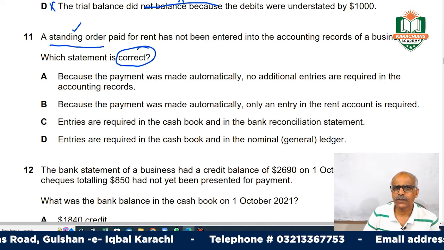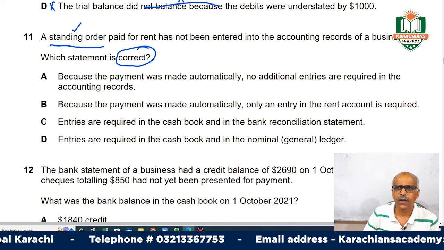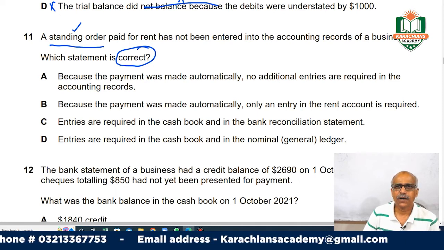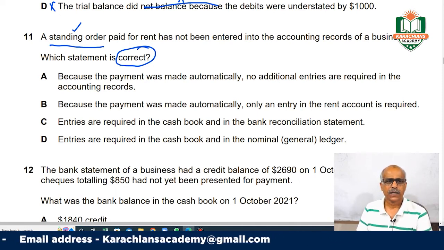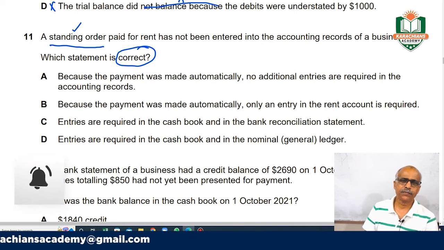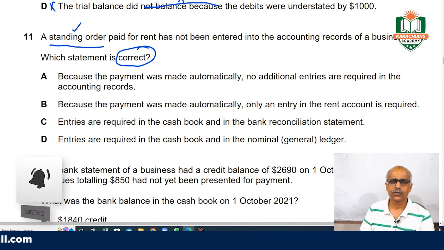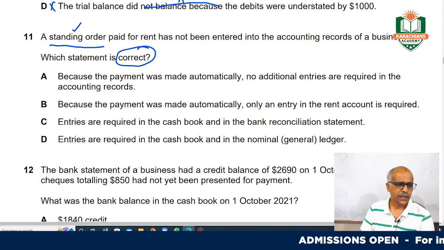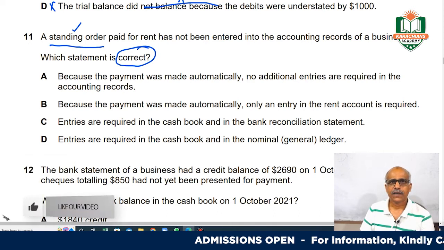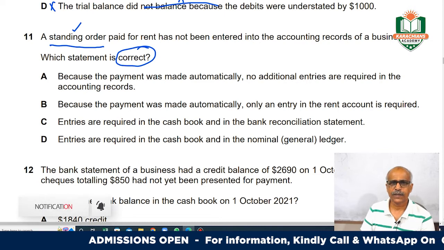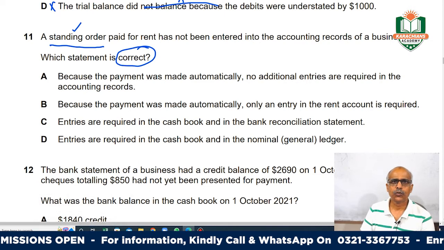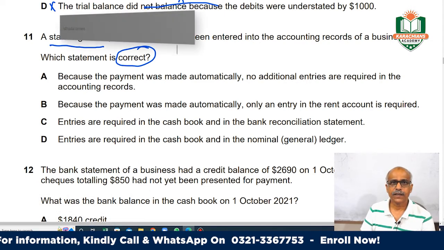I can give you a few examples. If you have bought some equipment on lease, then on the first of every next month you have to pay your lease charges, right? If you do not pay them, they will penalize you with a penalty, number one.